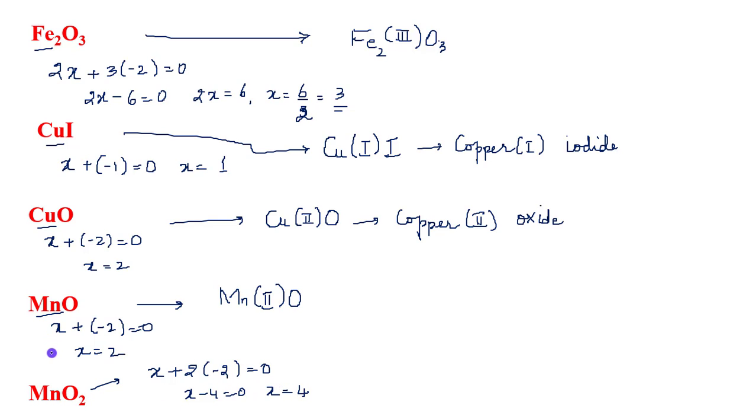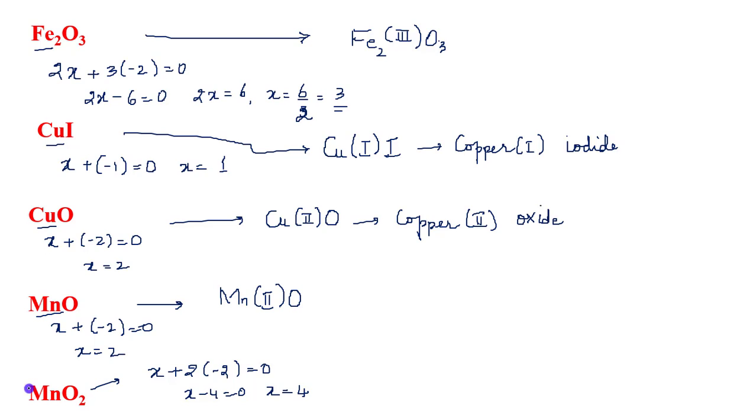So now you can check these compounds itself. Here copper is 1, here copper is 2, means they exhibit different oxidation states in different compounds. In the previous case iron was 2, here iron is 3, and here manganese is 2, here manganese is 4. Manganese is the element which can show oxidation state from +2 to maximum +7, right?